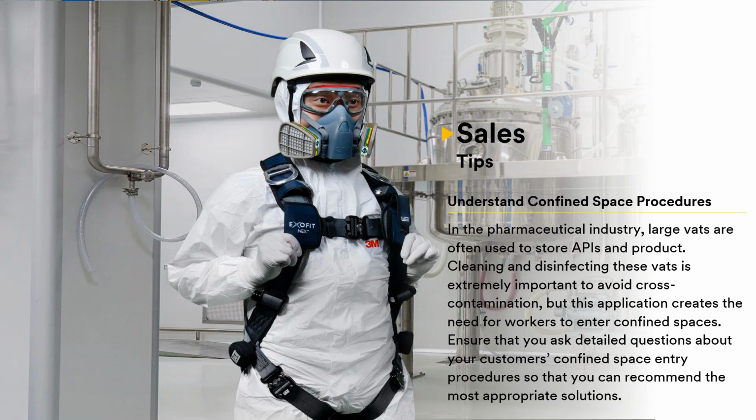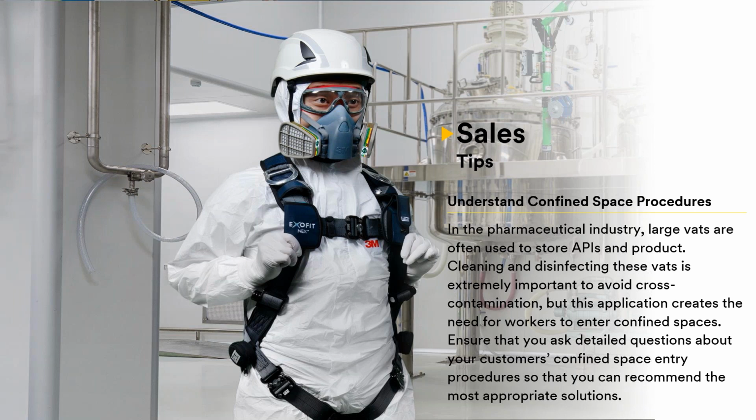You also have a working at heights fall protection specialist who can help on specifying the appropriate gear, maybe a davit arm, and maybe something as simple as just a reach pole that they may need to enter the confined space. But that's part of a complimentary service that our specialists will provide and help you in terms of answering those queries for the customer.